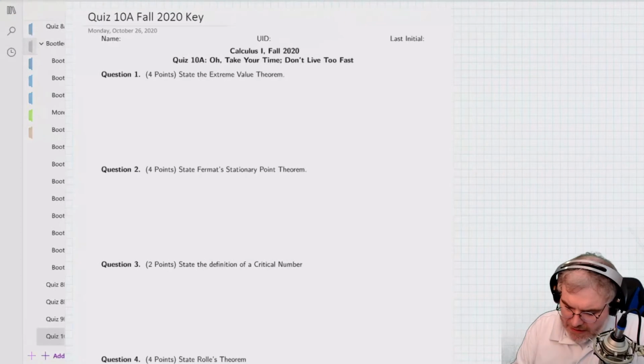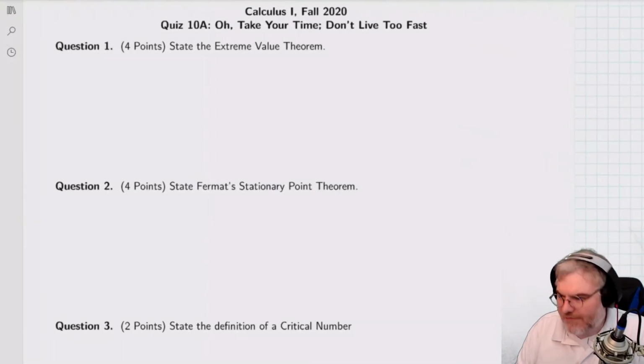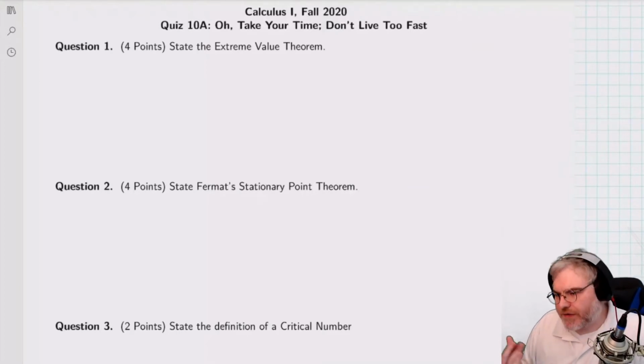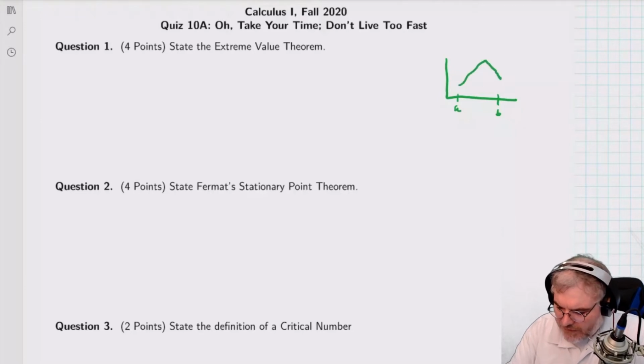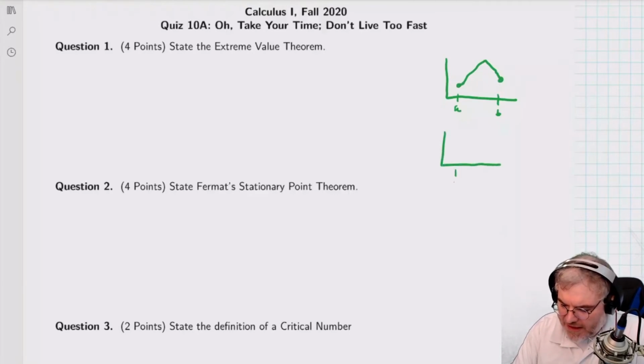Now, they all have similar names, and it's easy to confuse which one is which. For me, I do little drawings to help me remember. So for the extreme value theorem, I usually do a drawing that looks like this. So I've got an A, I've got a B, and I've got something that looks like this, with a kink in it to remind me, and then I've got a B, and then I've got a couple bad ones that I just keep in mind.